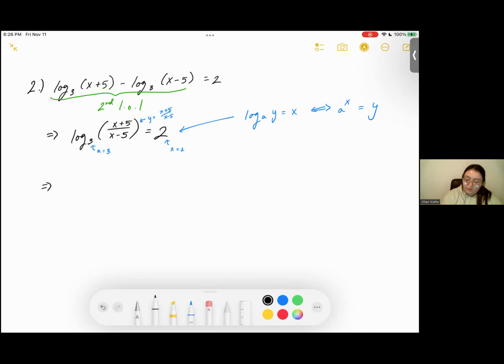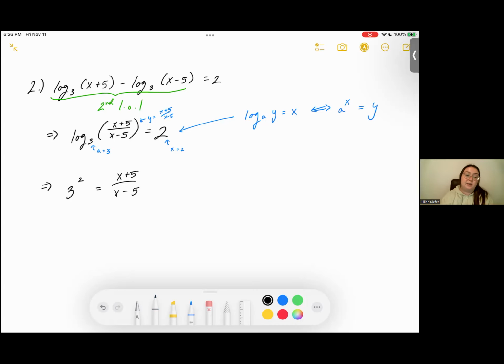So turning our logarithm into an exponential function, we'll have a, which is 3, to the power of x, which I said was 2, is equal to y, which is x plus 5 divided by x minus 5. So here we go. We got rid of the logarithms.